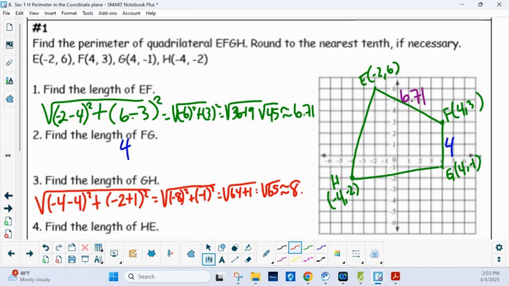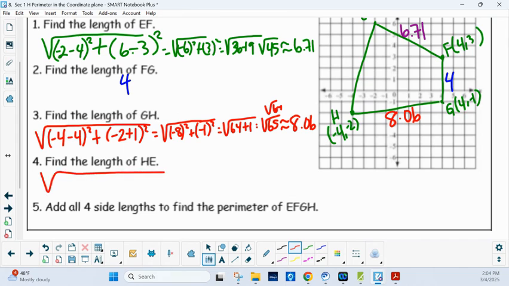Because it'd be 4 plus 4 if you go that way, yeah. But she chose to go -4 to 4. So you should still get the same answer no matter what. You can go G to H or H to G, it doesn't matter. 8.06. Yeah, that's super close to 64, so it should definitely be close to 8. So 8.06.